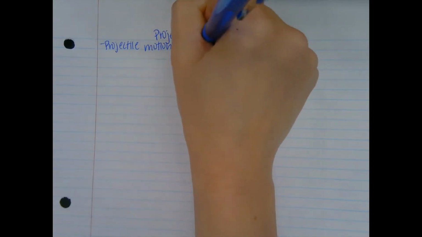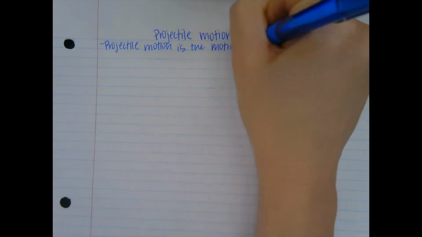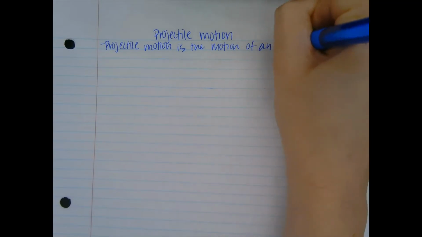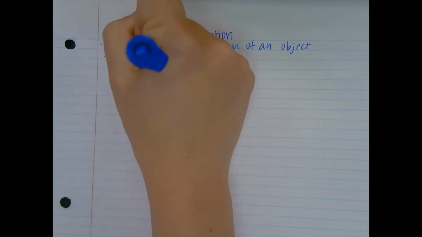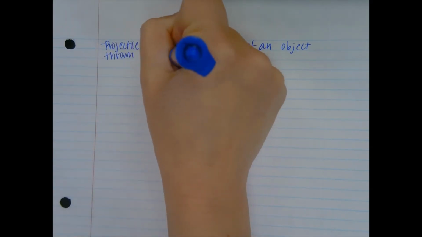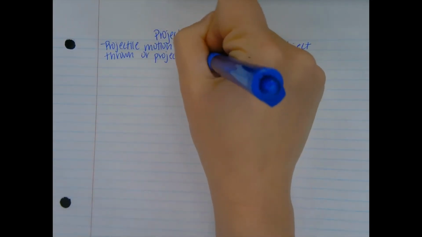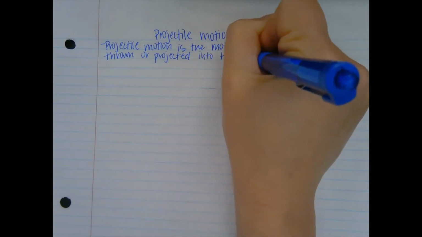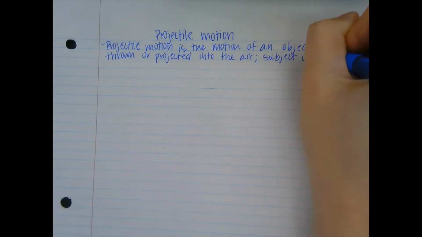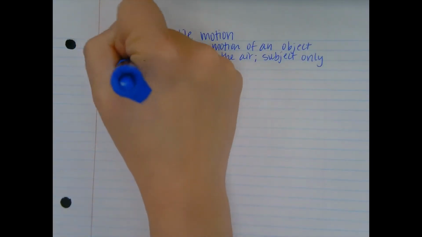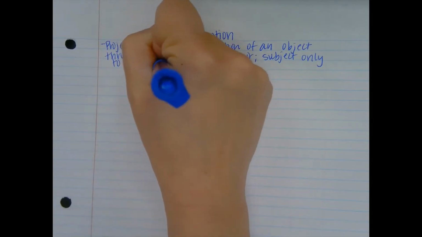Okay, so here we go. Projectile motion is the motion of an object thrown or projected into the air, subject only to the acceleration of gravity.